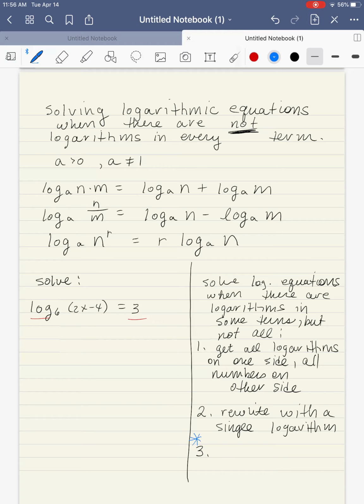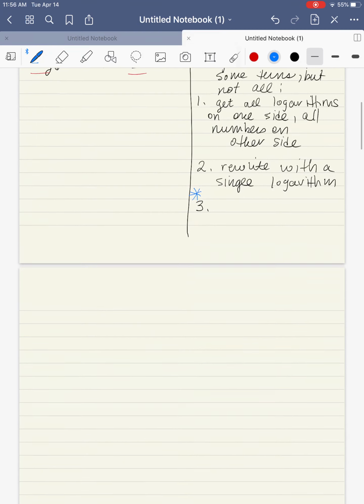Our third step, and this is going to be the big step. This is going to be what we have to really remember when we are solving logarithmic equations with some logarithms and some numbers.